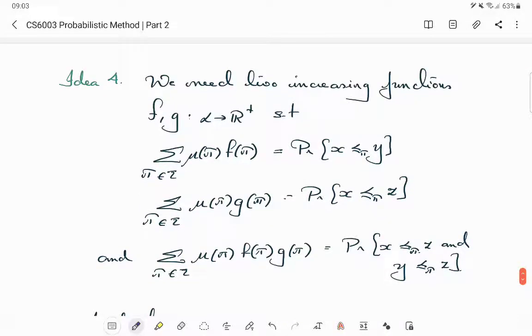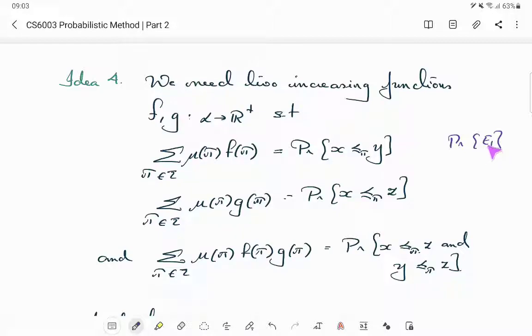This is probably the most clever idea in my opinion. Now, in order to apply FKG inequality, we also need two increasing functions f and g, such that the expectation under mu of f turns out to be the probability of our first event E1.